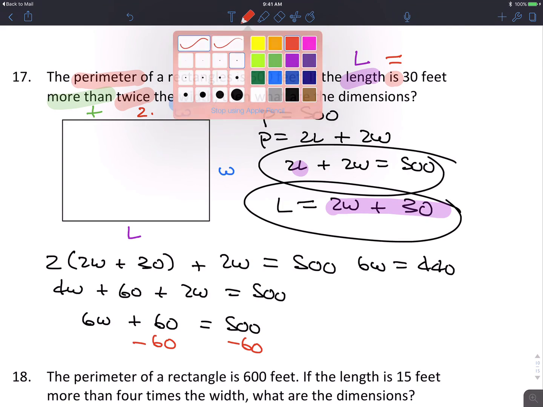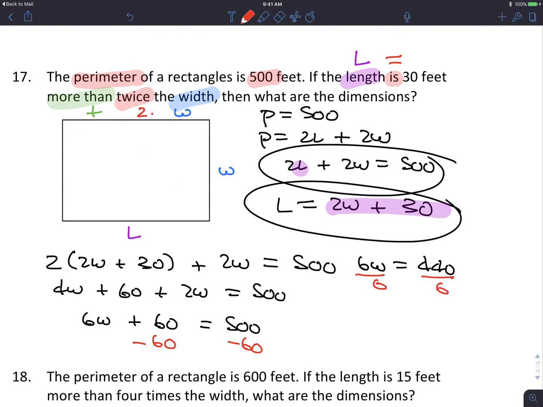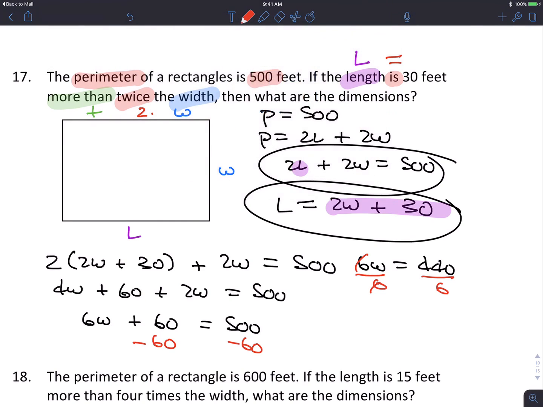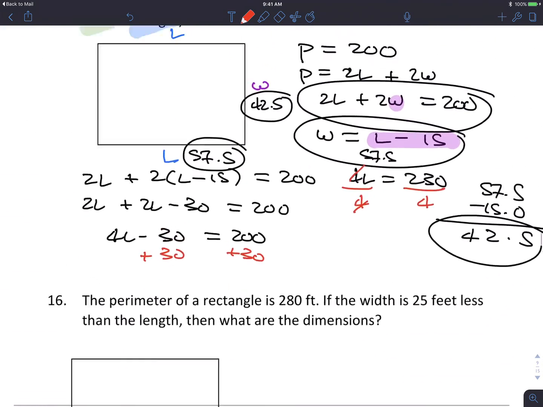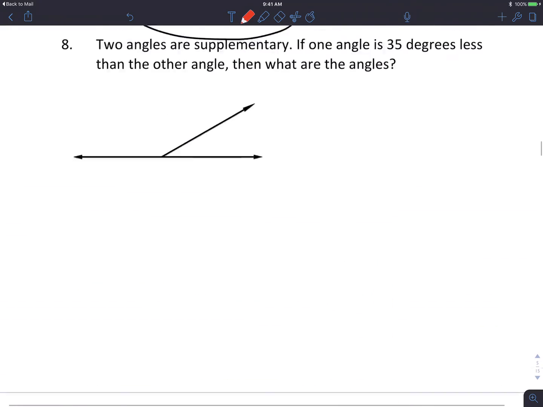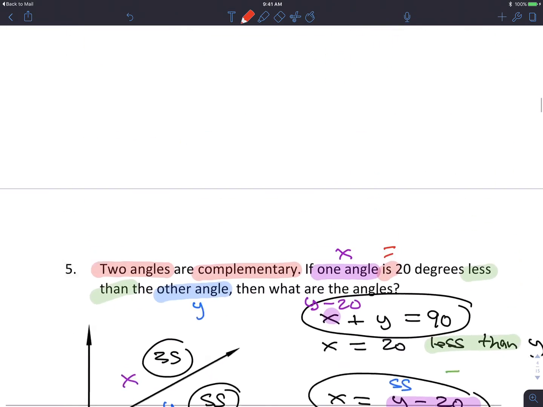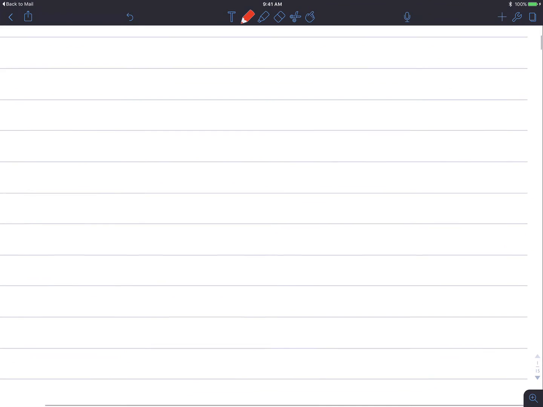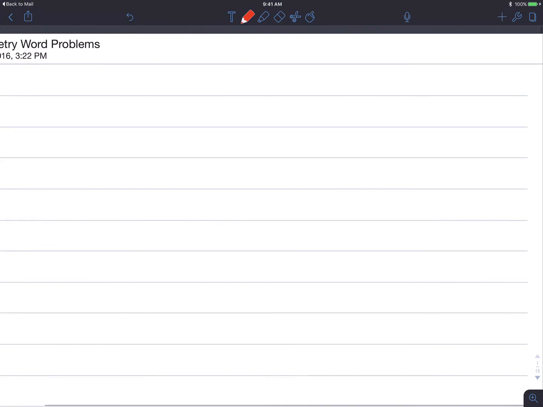And we're going to have to divide by 6. See what W equals. Now, 440 divided by 6. Let's use some scratch paper. 440 divided by 6. Alrighty.